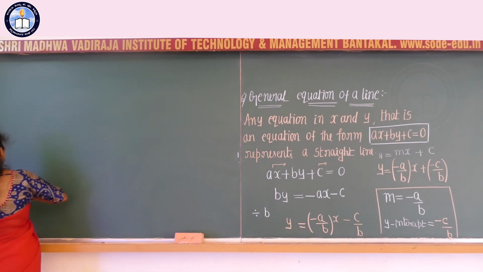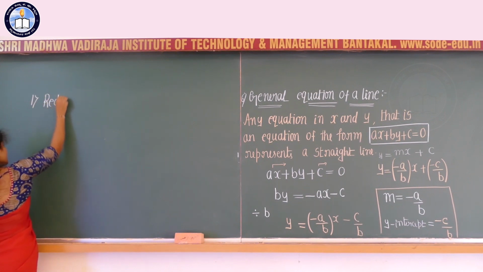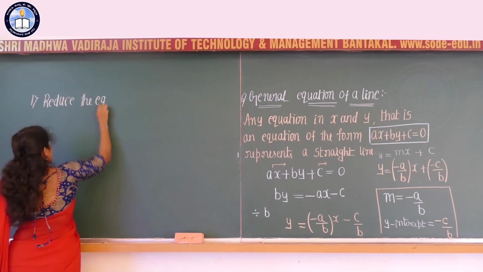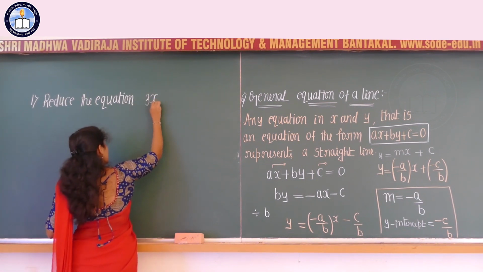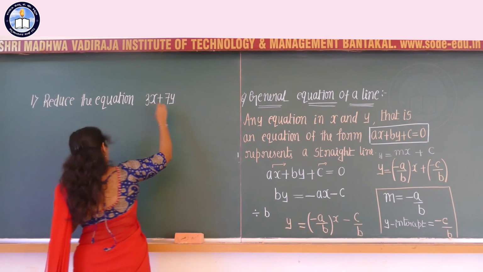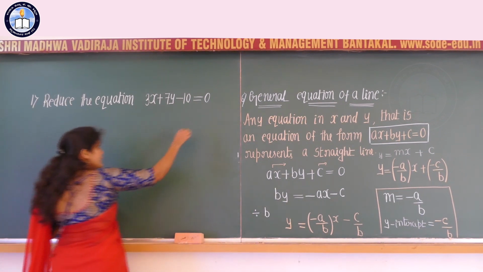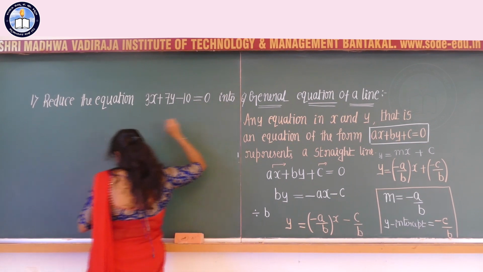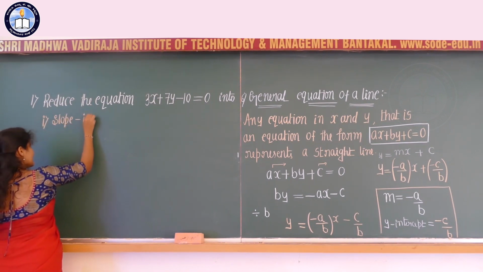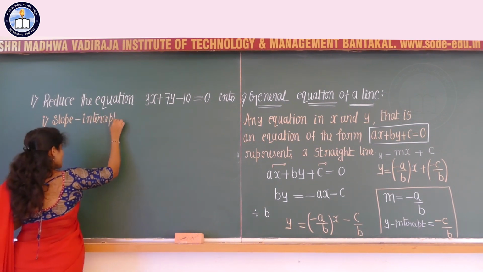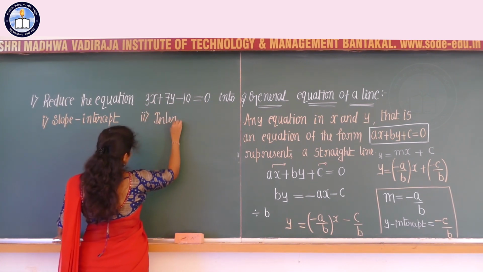Let us write the first question: reduce the equation 3x plus 7y minus 10 is equal to 0 into, first, the slope intercept form, and second, the intercept form.